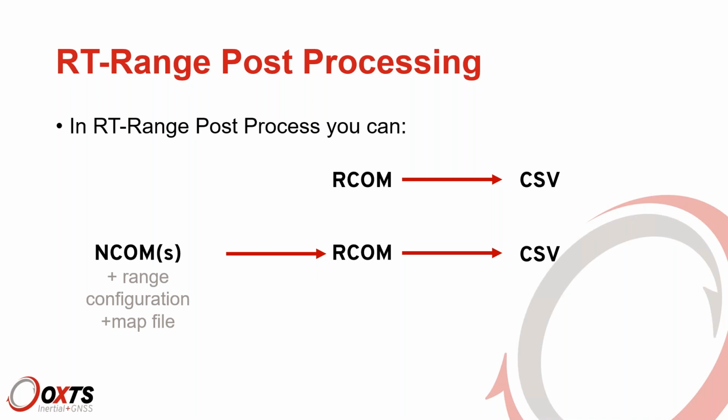Then the RT Range post-processing wizard takes all of the measurements from the NCOM files and looks at the RT Range configuration and processes them the same way that an RT Range system would in real time to generate an RCOM file. This RCOM file would contain all of the range measurements, so distance measurements, relative velocity measurements, time to collision measurements from that test. And then you can select the measurements you're interested in to convert to CSV.